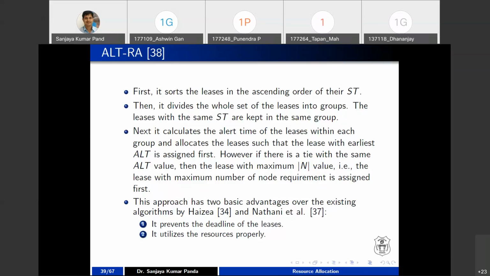And the second one is it utilizes the resources properly, right? Like in the previous case, you are haphazardly scheduling in the Hygia. In the DPS, you are making decreasing order of the nodes if and only if you cannot accommodate a lease. But before taking that decision, here the alert algorithm is reordering the leases based upon the earliest alert time as well as the number of nodes.